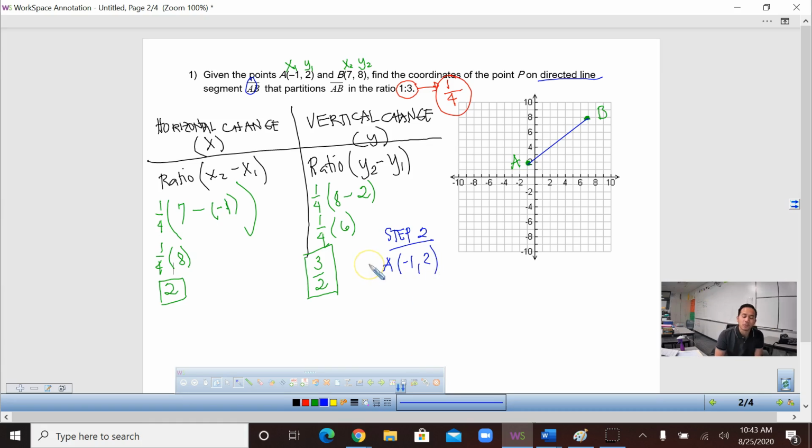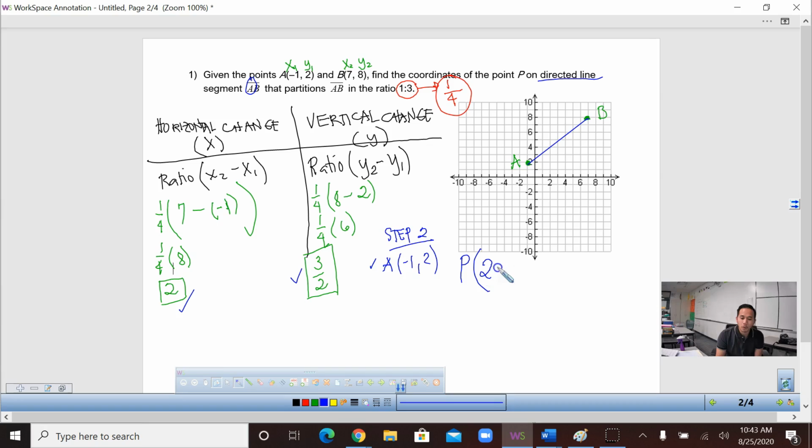The value of x is -1 and the value of y is 2. And then I'm going to use your 2, your 3/2, and my A to find the value of P. How are we going to do that? The value of P is a point. Of course, if it is a point, there is a value of x and a value of y. So I'm going to get the horizontal change, which is 2.